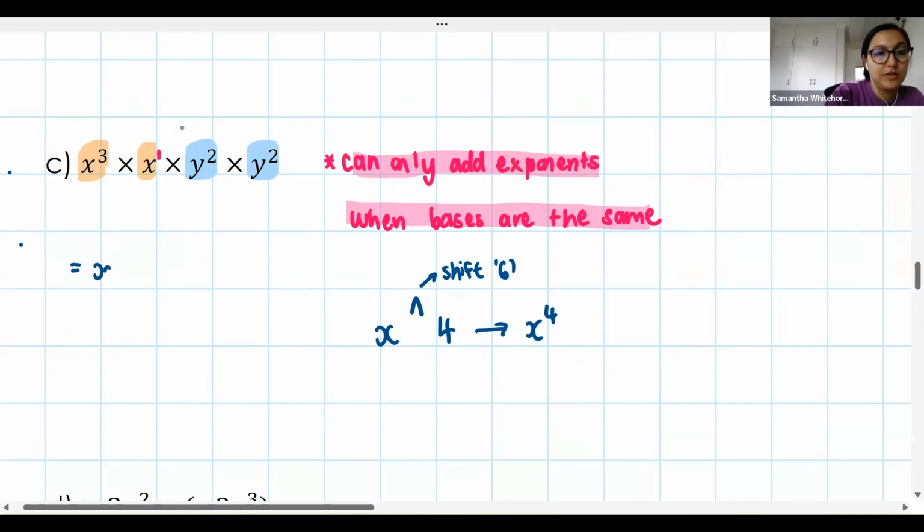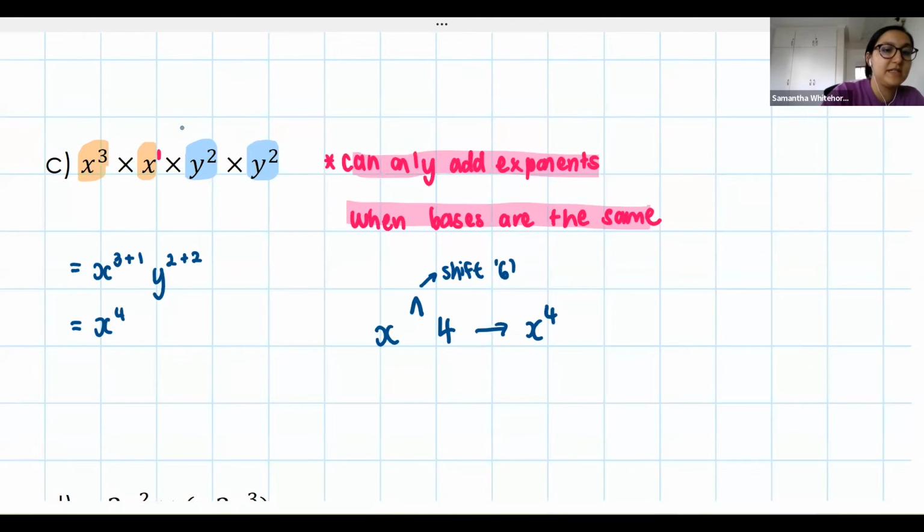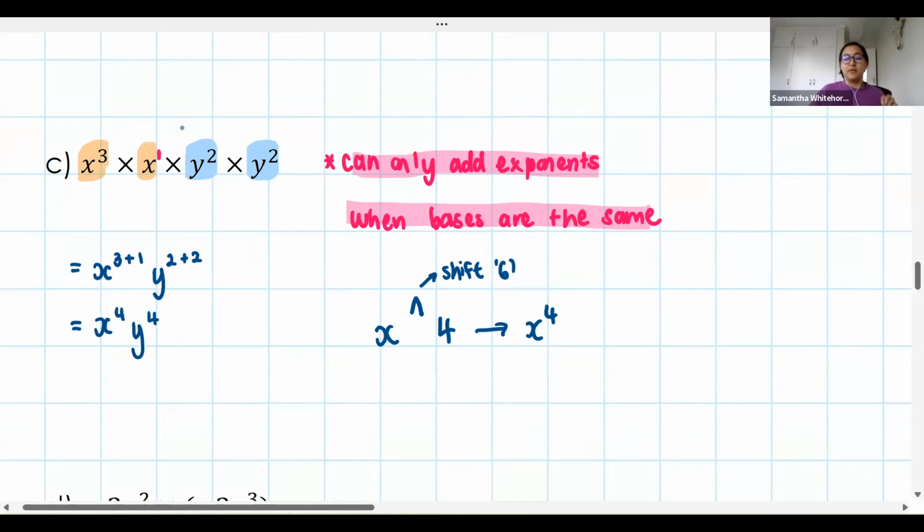Good. And the y's? For the y's, I said y times y just gives you y, the same base. And then I added the 2 plus the 2, which gives me 4. Excellent, well done. Nice, Tandawake, very nice.